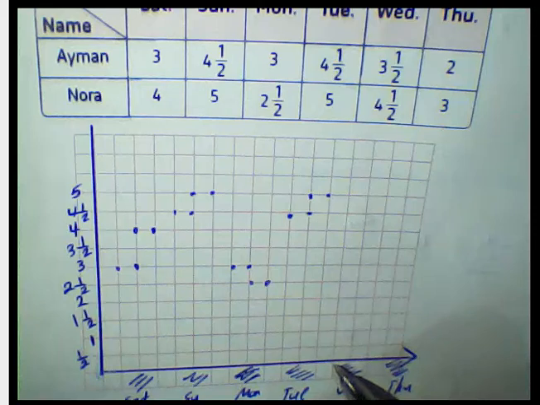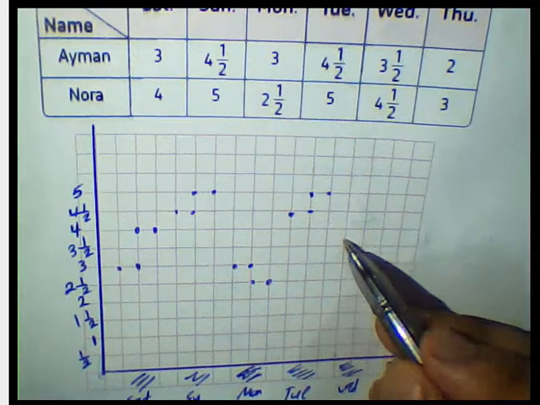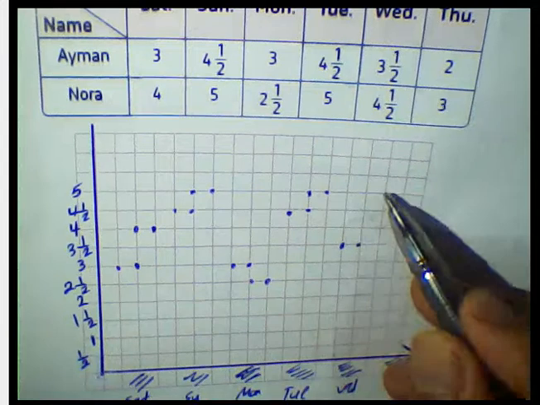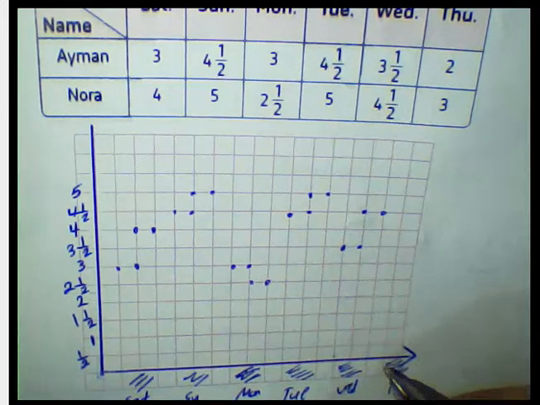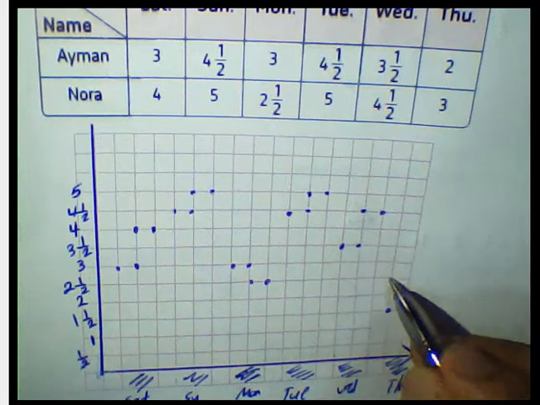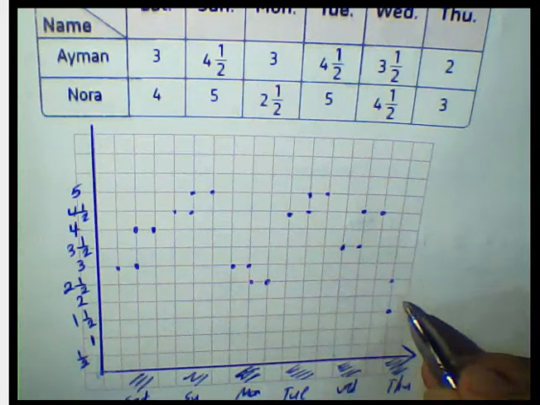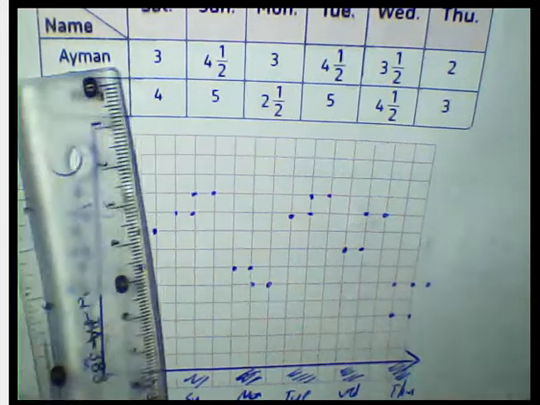Then 3.5 here, and 4.5, 2 and 3, 2 and 3, 2 and 3, and we can draw with a ruler.